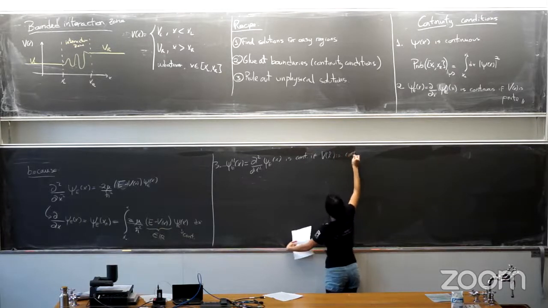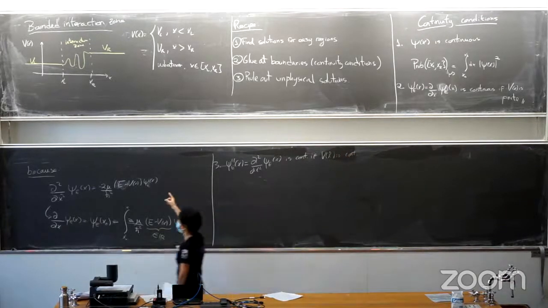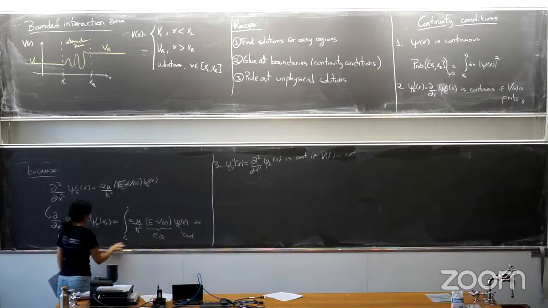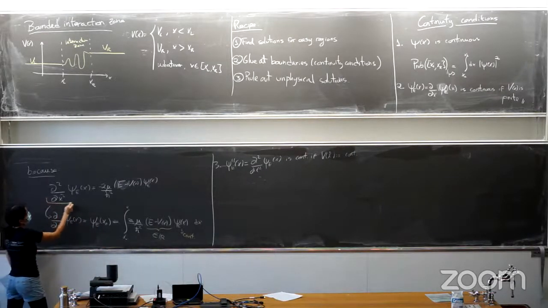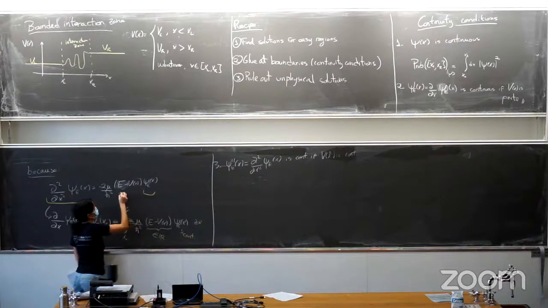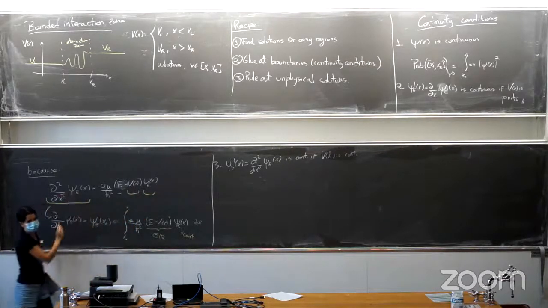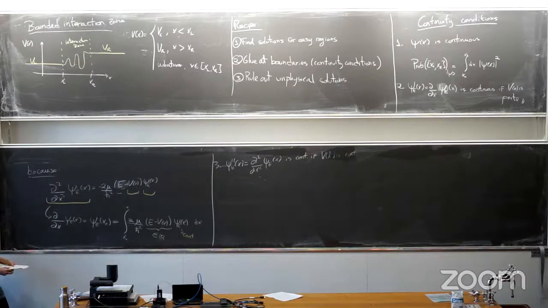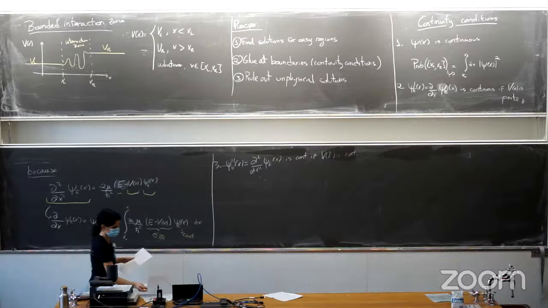And this you can tell directly from the Schrodinger equation. So here's the thing we want to prove is continuous. This one is continuous. This is a number. If this is continuous, then the whole thing is going to be continuous, right? So that's the justification for that. We're done.